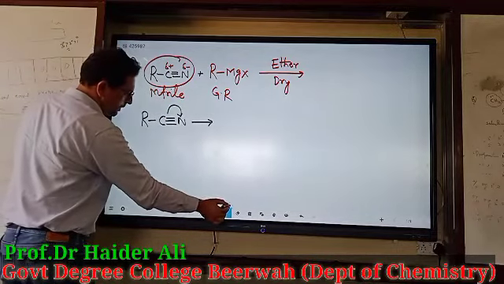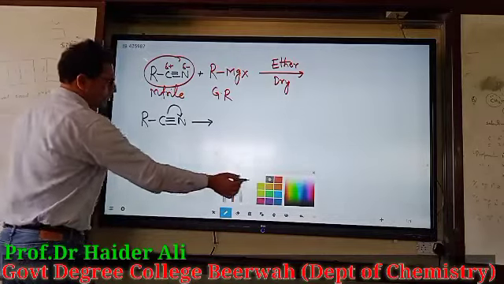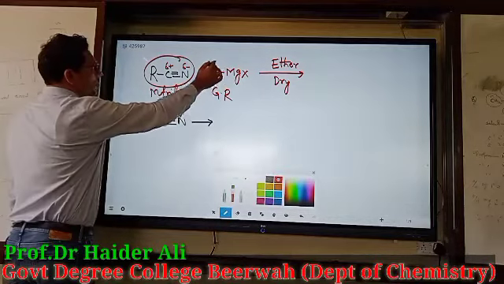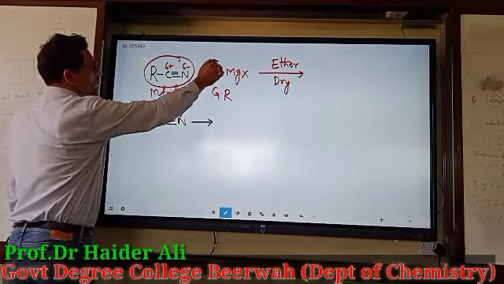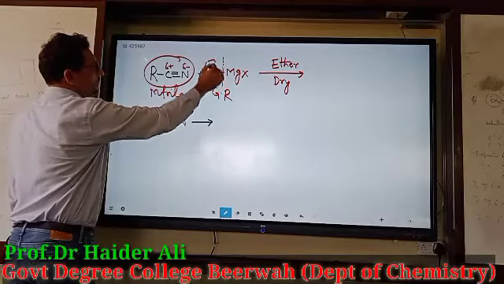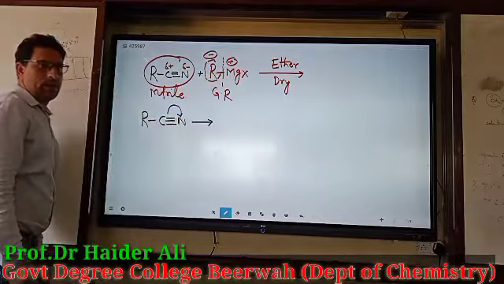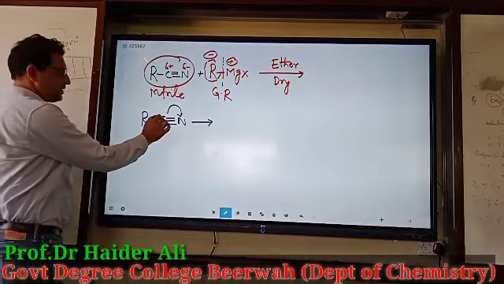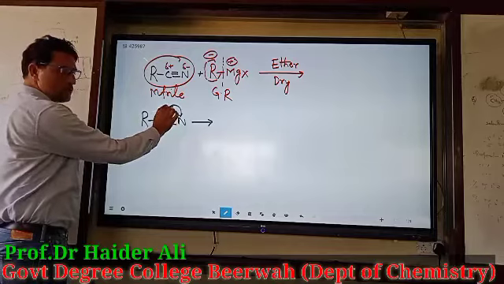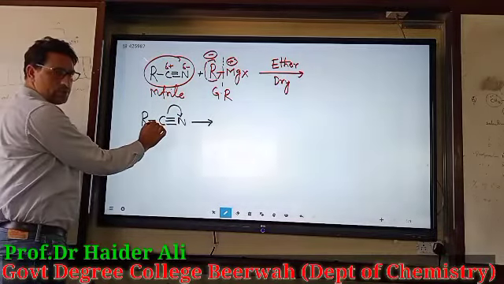Now what will happen in the next step? Since this C triple bond N is polar in nature, now in the second step, this R from Grignard's reagent, I told you this is nucleophilic in nature. This is R negative, MgX positive. As soon as there is migration of this pi electron cloud towards nitrogen, carbon will get positive charge.